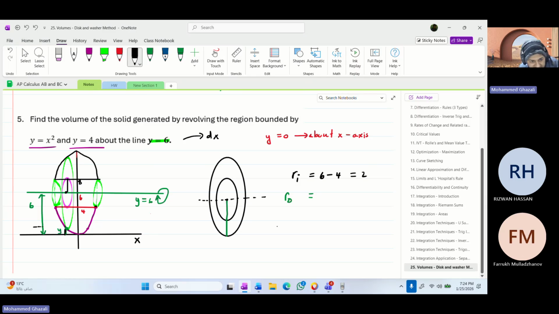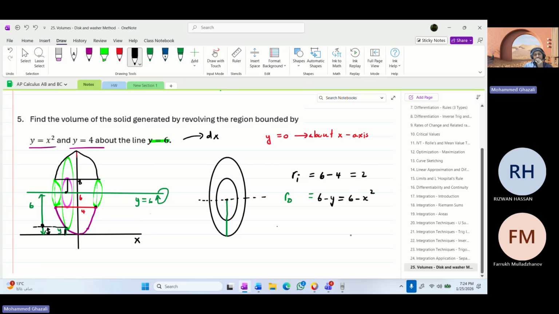So my radius goes from 6 until this point, so I need to subtract this distance y. So 6 minus y. But what is y? Y is equal to x squared. So 6 minus x squared. Are we good, guys?